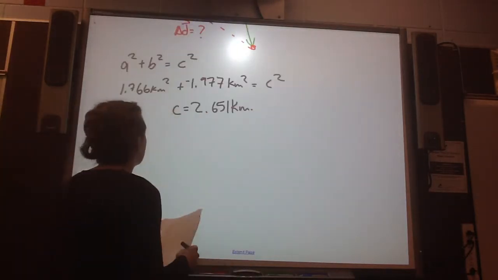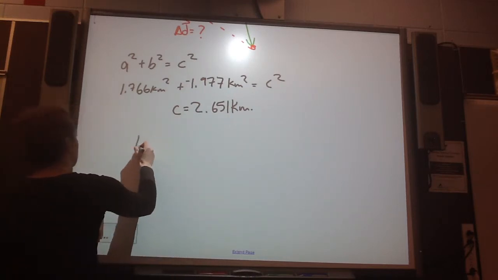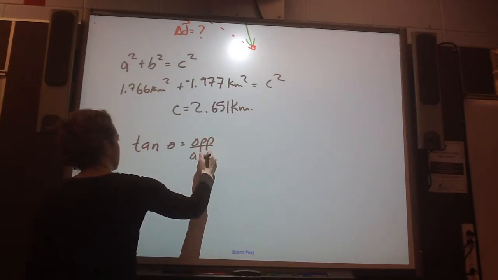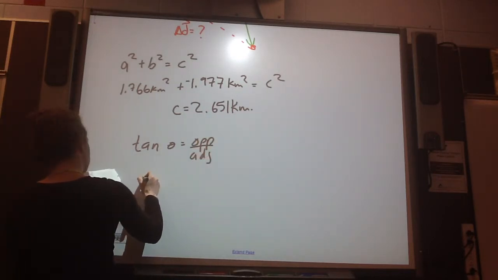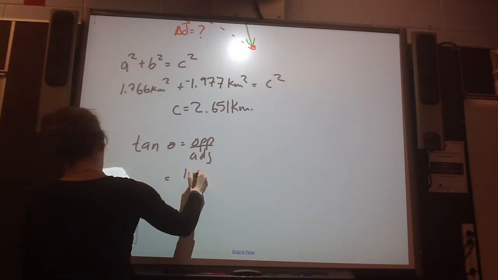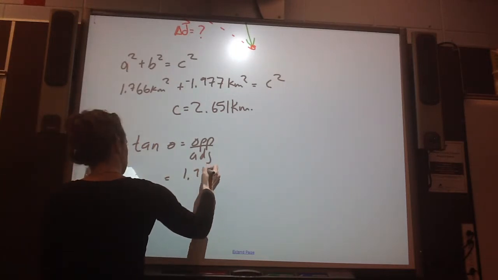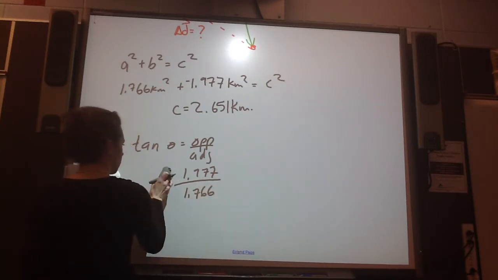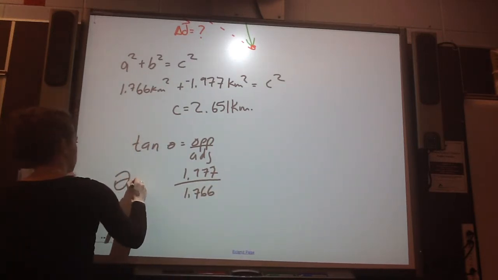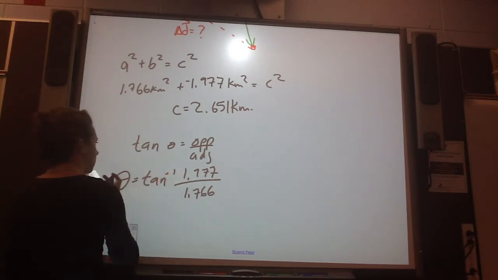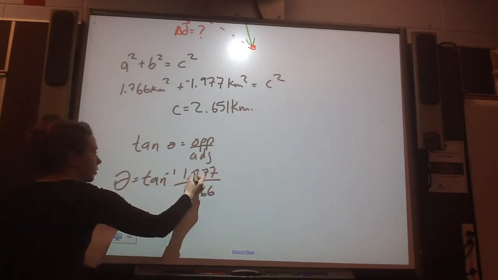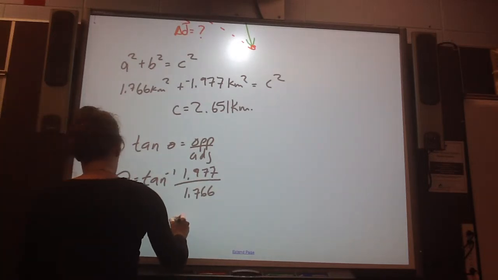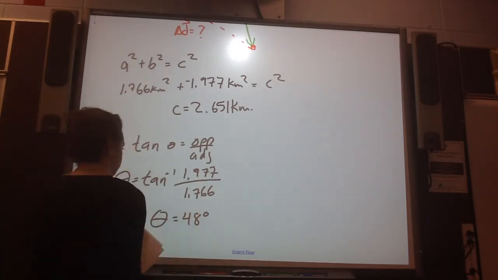To solve for our angle, tan theta equals opposite over adjacent. So theta is equal to the inverse of tan of our opposite over adjacent. And theta is equal to 48 degrees.